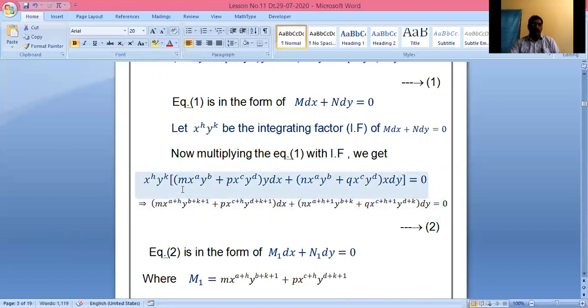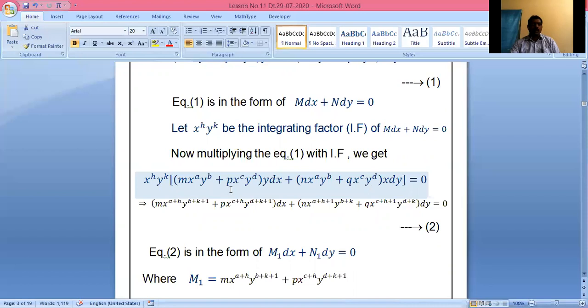Here m x^a y^b into y into x^h y^k, we get m x^(a+h) y^(b+k+1).